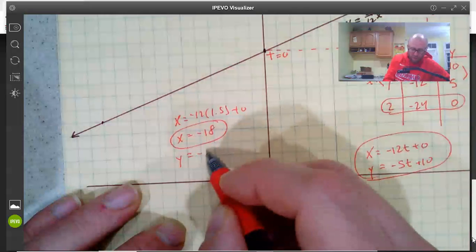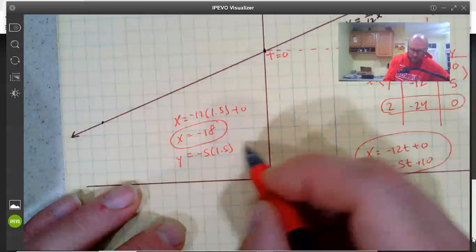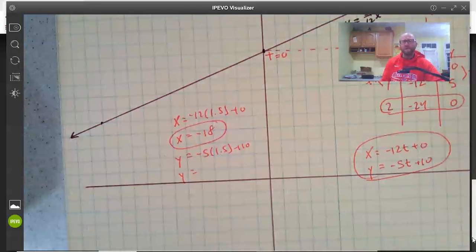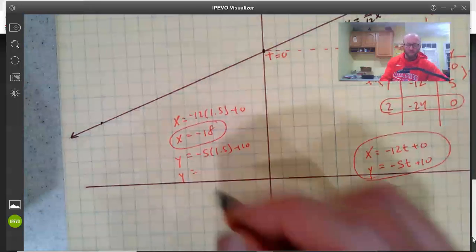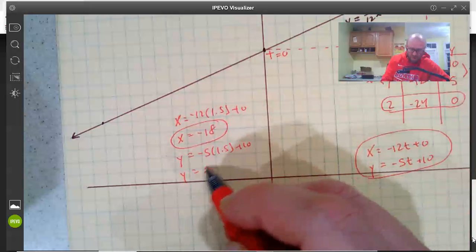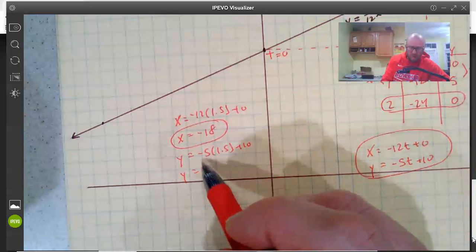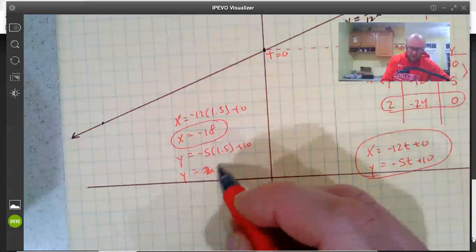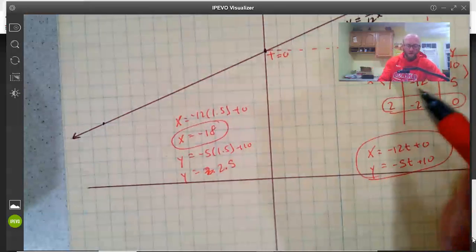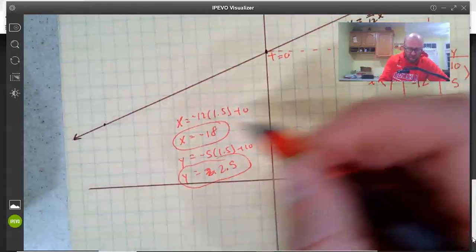Y equals negative 5 times 1.5 plus 10. Negative 5 times 1.5 is negative 7.5, plus 10, that's 2.5. It's late. So our position is negative 18, 2.5.